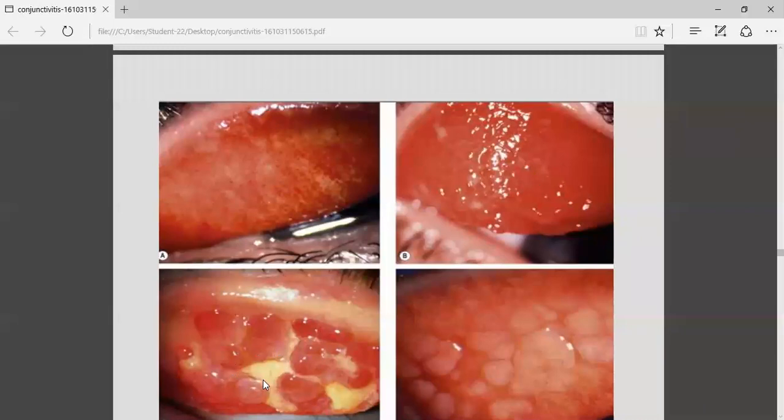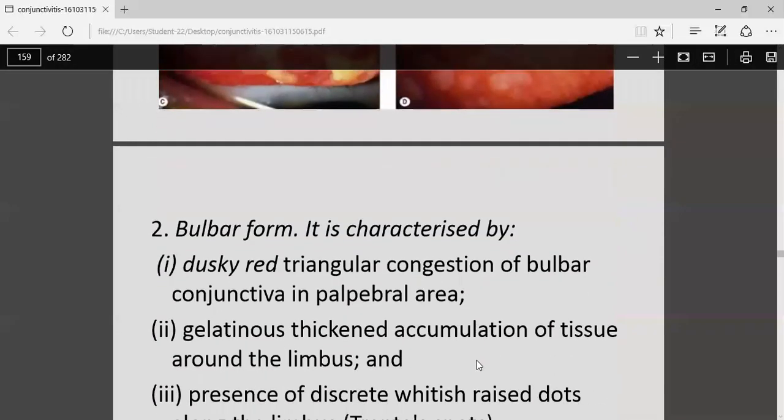In the third picture, you can see that this papillary reaction has taken the shape of a cobblestone appearance. And then they have finally enlarged so much that there is very little space in between these large giant papillae. This is the giant papillary reaction, large papillae, which are basically the diagnostic sign of vernal keratoconjunctivitis.